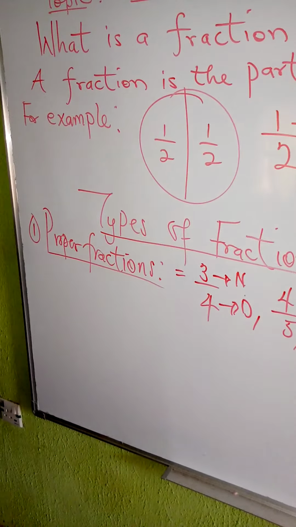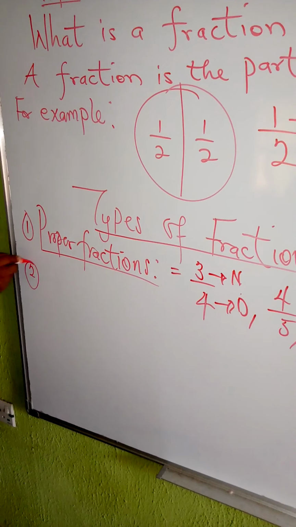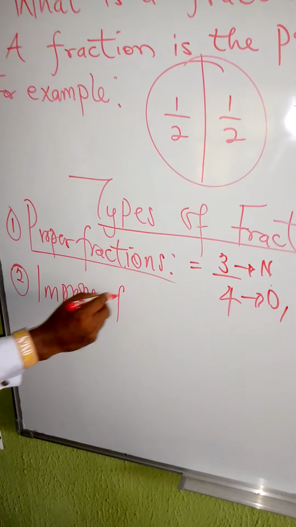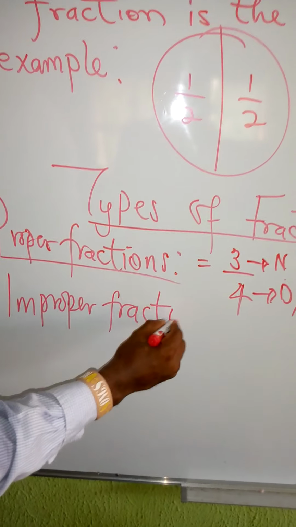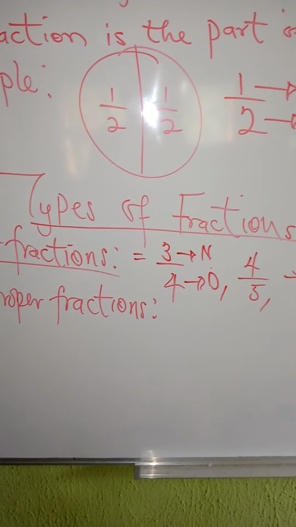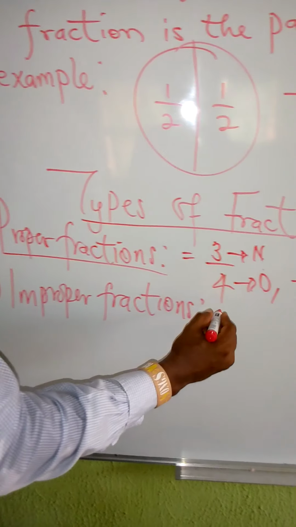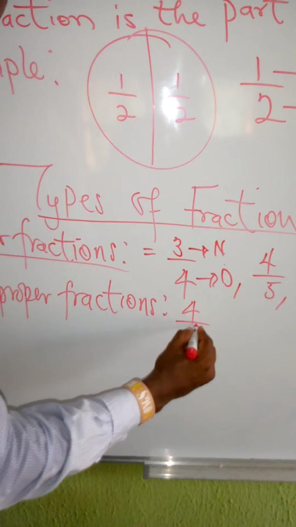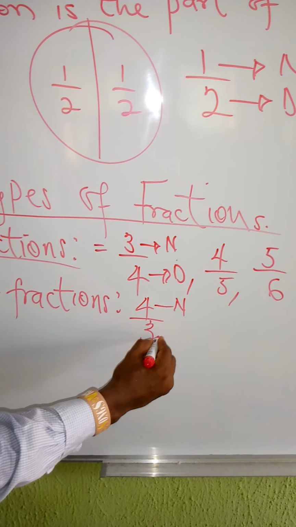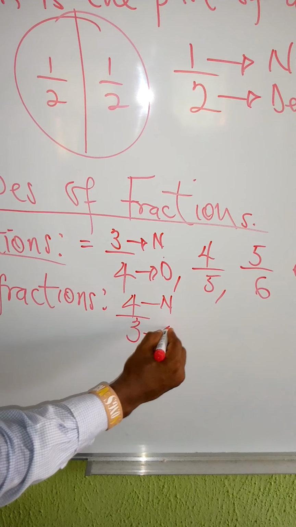Number two, we have improper fraction. Improper fractions are fractions whose numerators are greater than the denominators. For example, you have 4/3. The numerator is 4 and the denominator is 3.